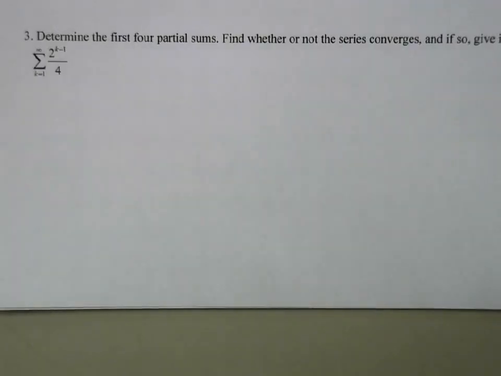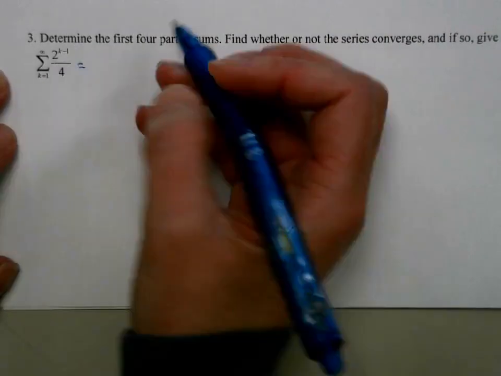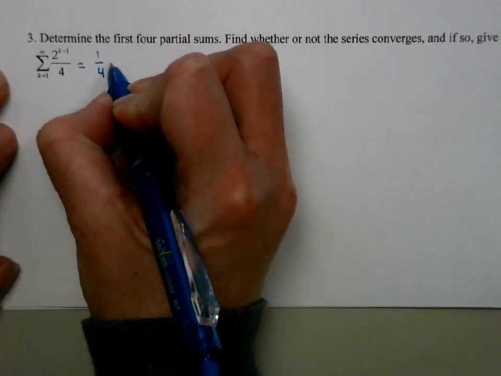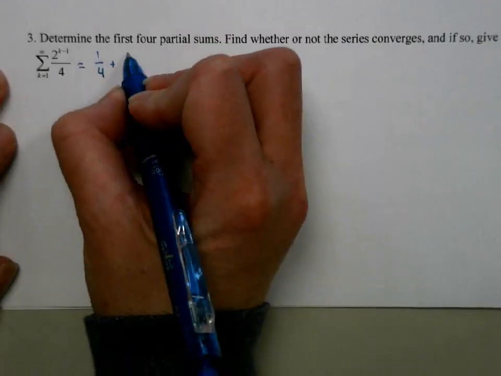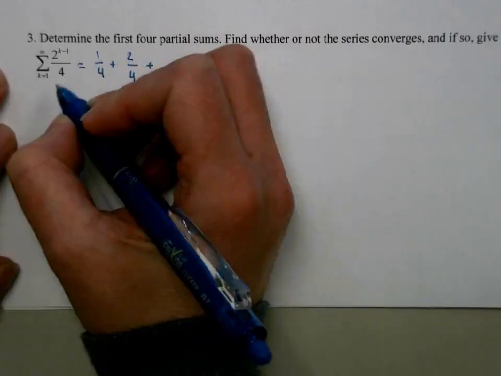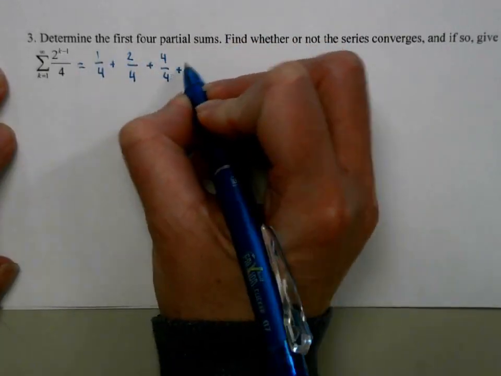Okay, so we'll do one more infinite series and investigate the partial sums. If I start with 1, we get 2 to the 0, which is 1, so we have 1/4. If I plug in 2, we get 2/4. If I plug in 3, we get 4/4 and 8/4.